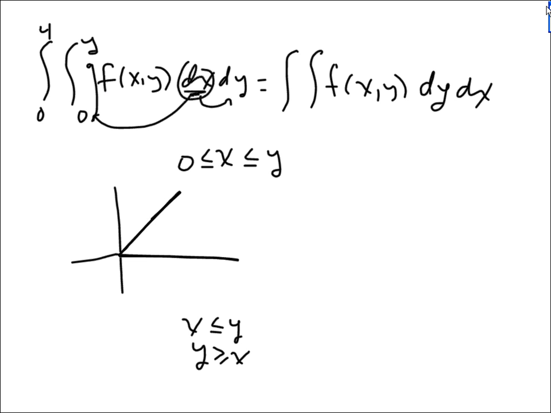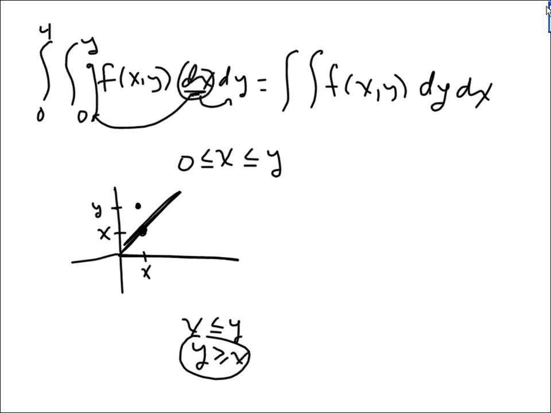This is y equal x. This point right here, for that x value, I know that y is also x. But for this point above, that y value is bigger than x. And that's what we want. We want y to be bigger than x.